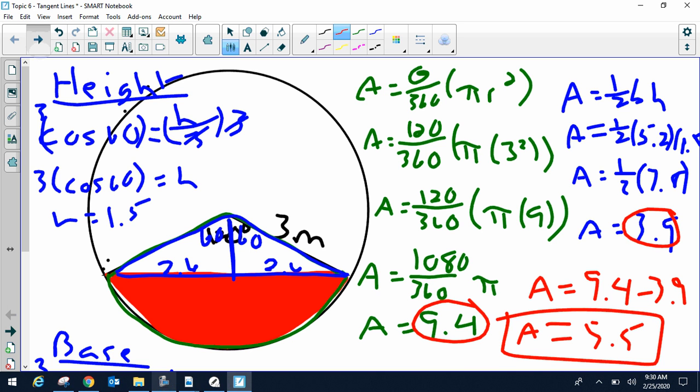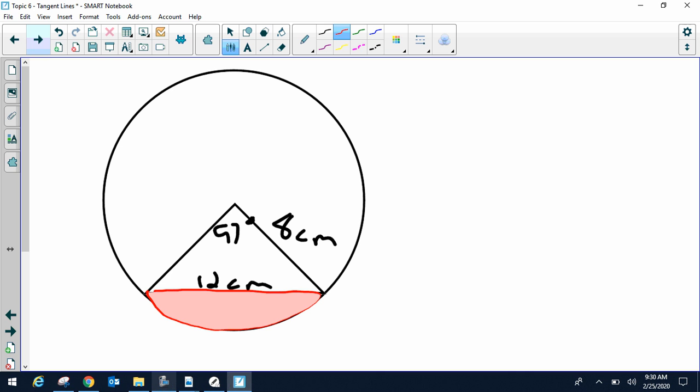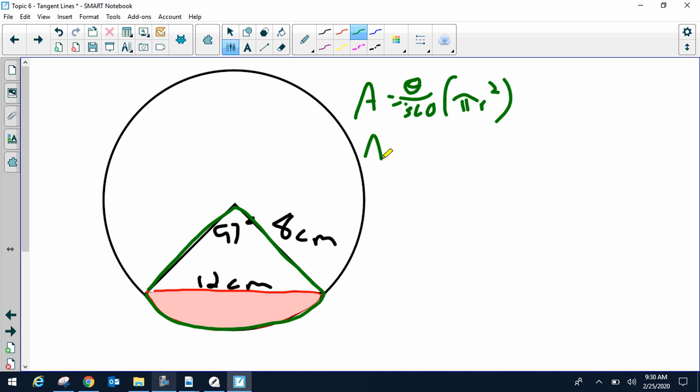Okay, I'm going to do another one. Same thing. First I've got to find the area of the whole sector. So area is equal to theta over 360 times pi r squared. My theta is 97 in this case. My radius is 8.